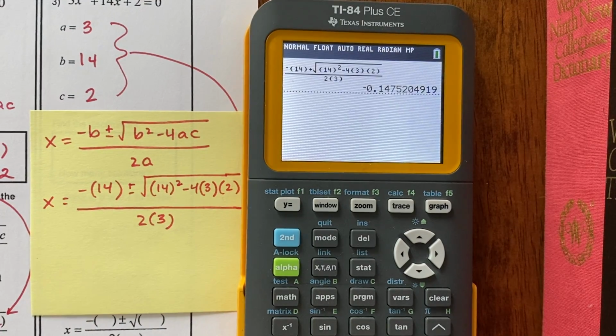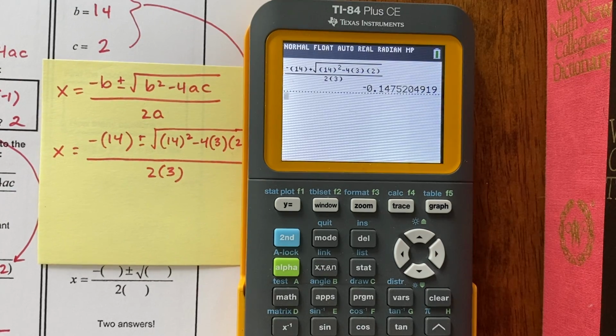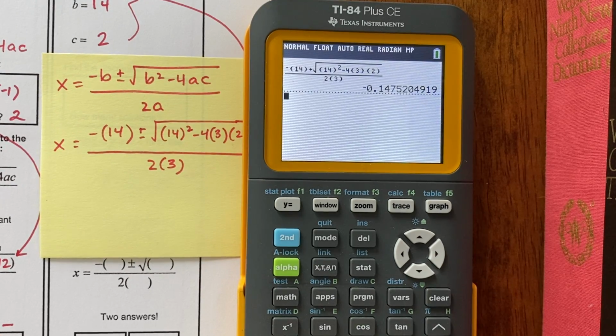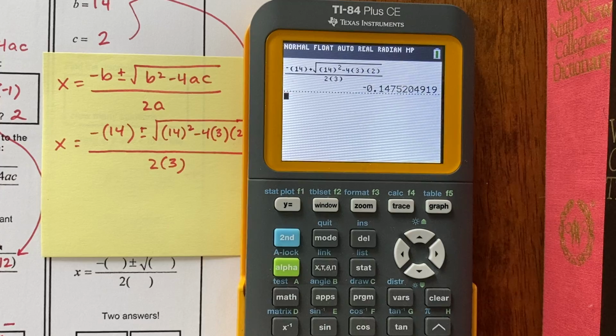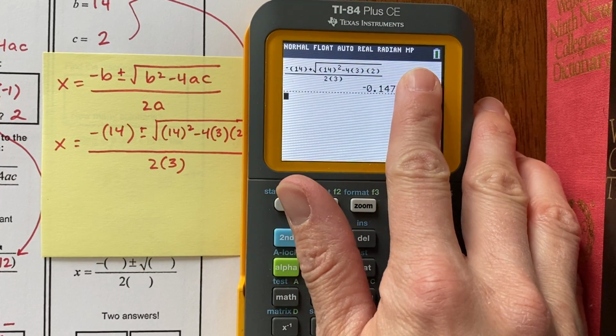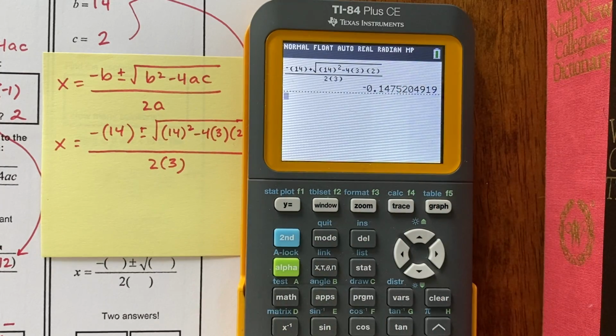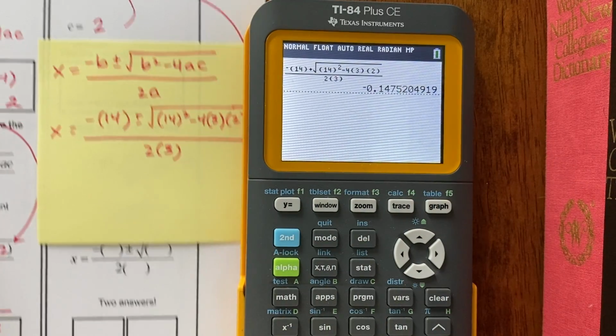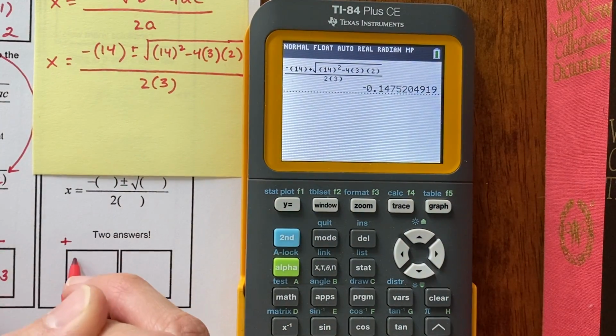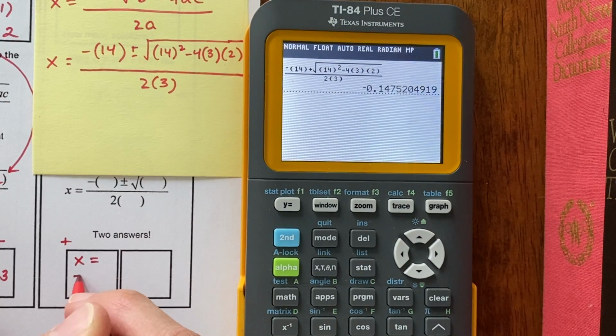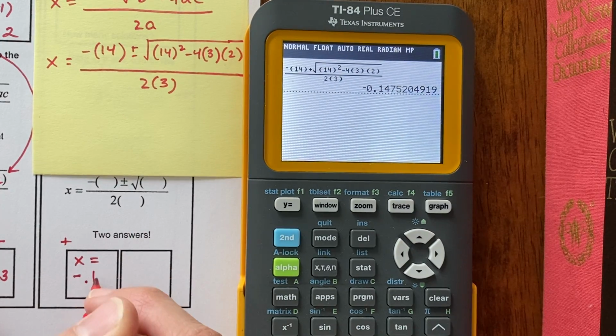And then hit enter. And I get negative 0.14752, and so on. So again, we are rounding to the 100th. So that 0.14, the 7 would make it a 5. So my first answer here for my plus is x equals negative 0.15.